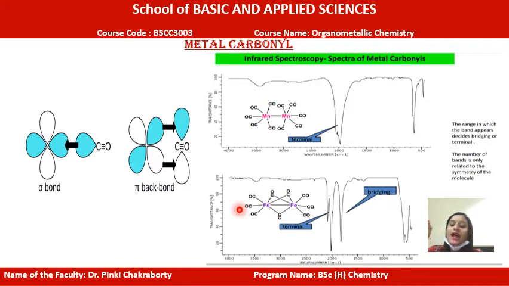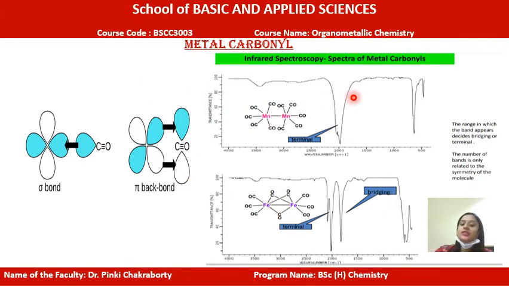Because of that orbital, this synergistic pi bonding is possible, which is responsible for carbonyl showing multiple types of bonding: the terminal mode as well as the bridging modes, that is mu2 and mu3 bridging.